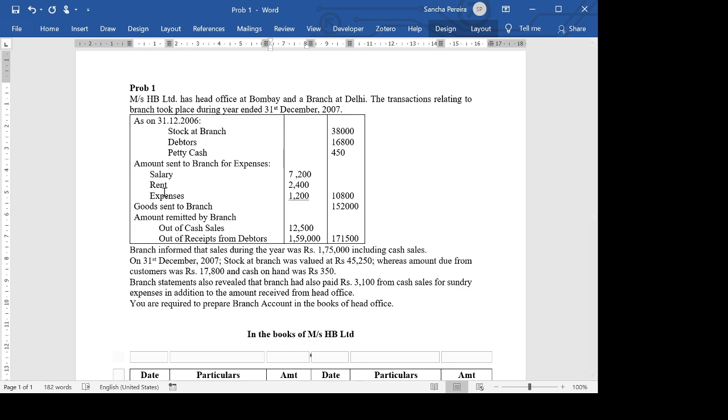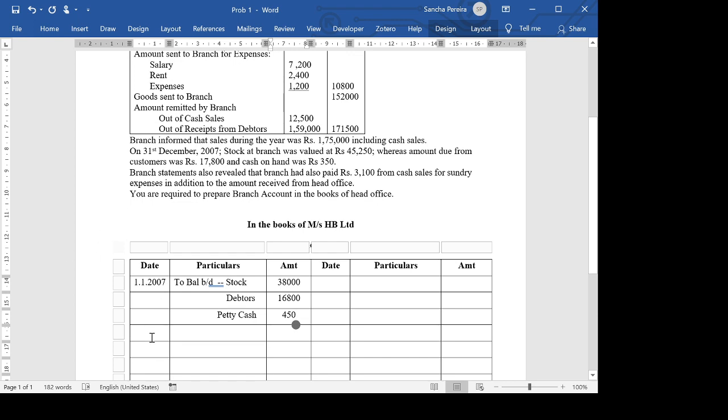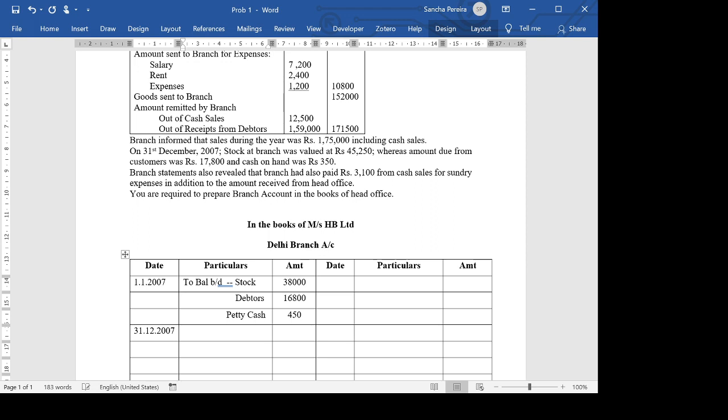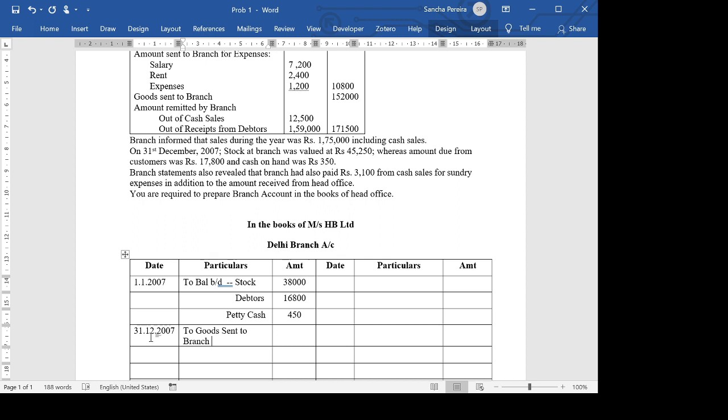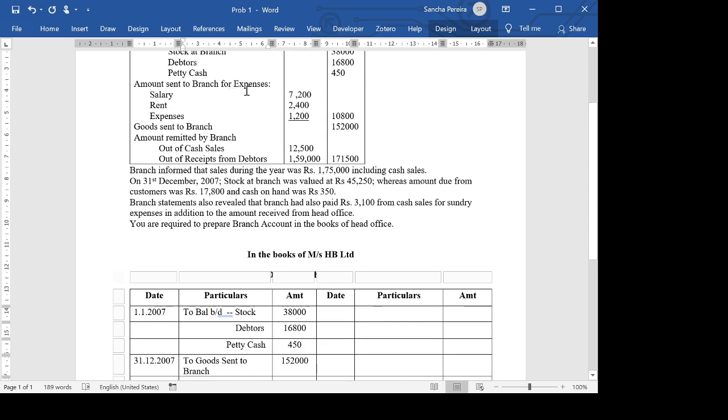So as of 31st December 2007, to goods sent to branch, we have 1,52,000. We also have to cash, amount sent to branch for expenses.